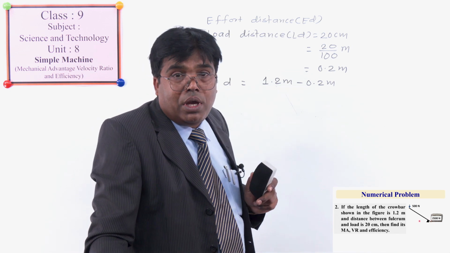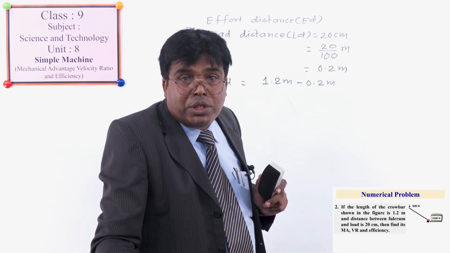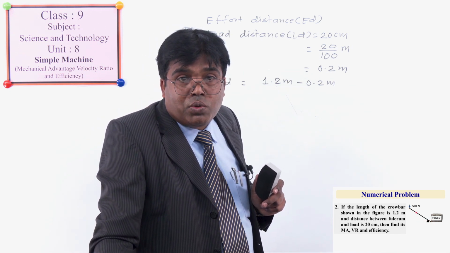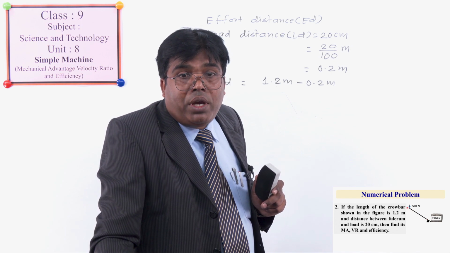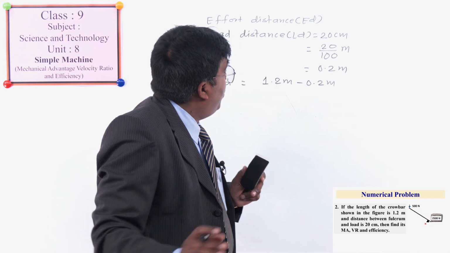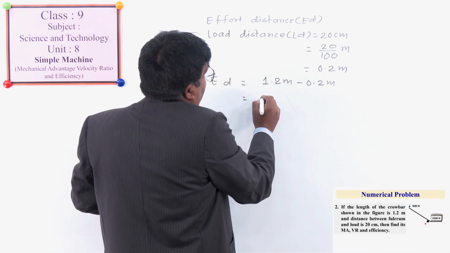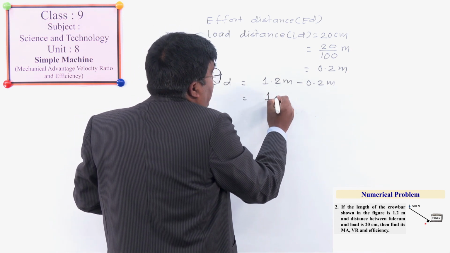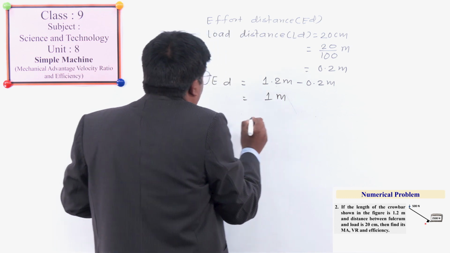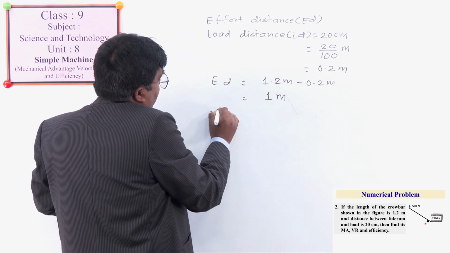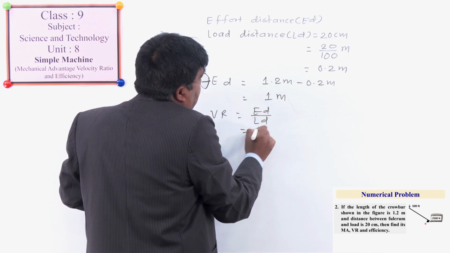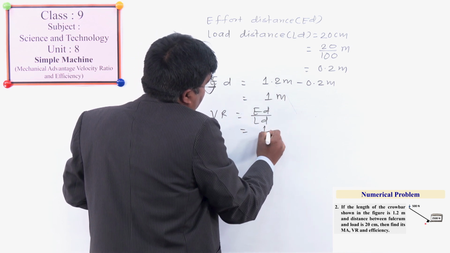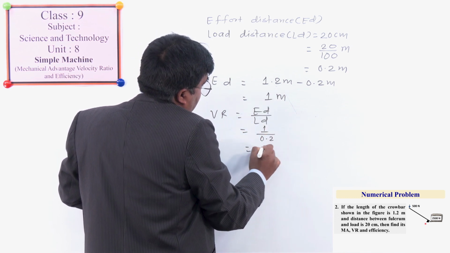If you see in the figure, total length is 1.2 meter and this part is 0.2 meter, so this length will be 1.2 minus 0.2, which is 1 meter. So now VR equals ED by LD, that is 1 by 0.2, which is 5.